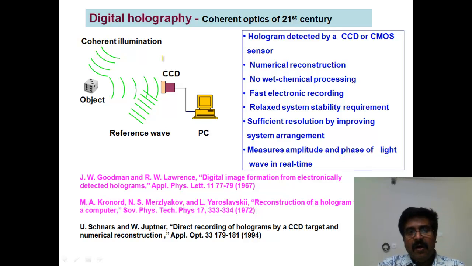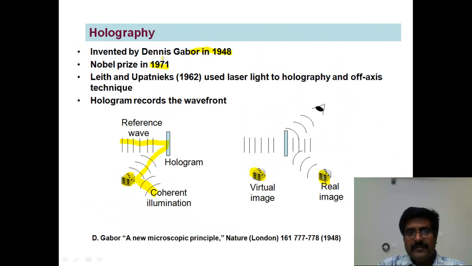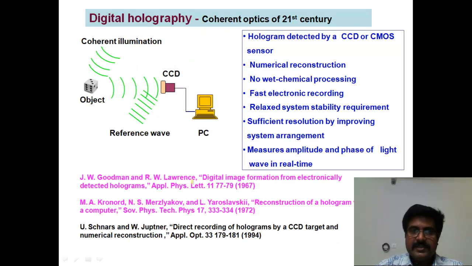In this, the only difference is, previously we had a photographic emulsion with silver halide plate. Now this is replaced by a charge coupled device, CCD or CMOS.